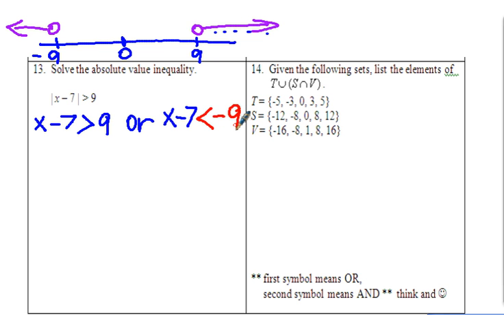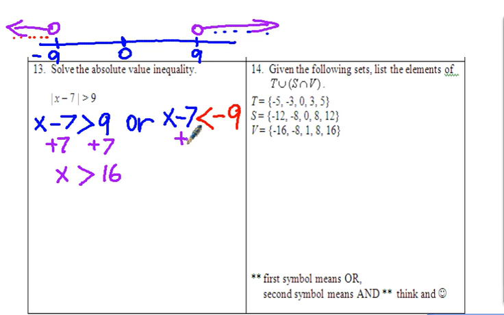And you will see why. It has to be further away from 0 than minus 9, so it has to be less than negative 9. And now we will start solving. We'll be adding 7. We get x is greater than 16.